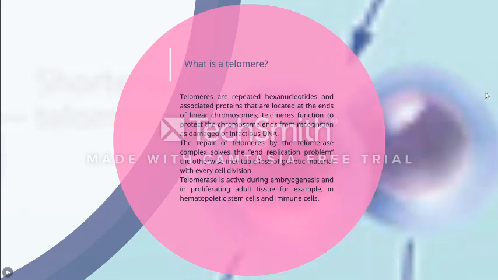The repair of telomeres by the telomerase complex solves the end replication problem. It also inhibits loss of genetic material with every cell division. Telomerase is active during embryogenesis and in proliferating adult tissues, for example, in hematopoietic system cells and immune cells.